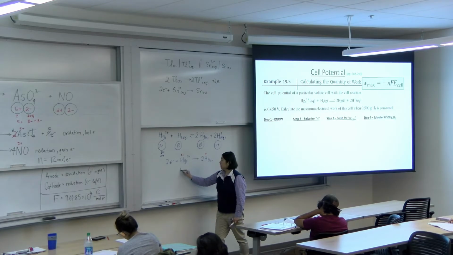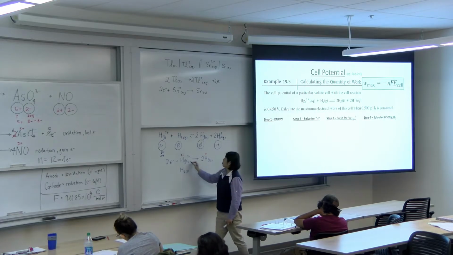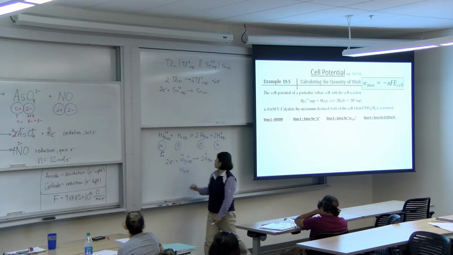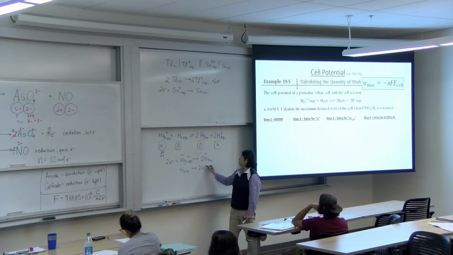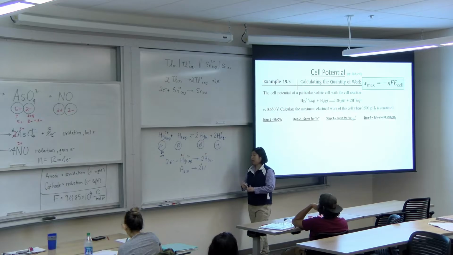Now you have H2 becoming 2 H pluses. And again, I'm going to bring down our oxidation states. 0 becoming plus 1.